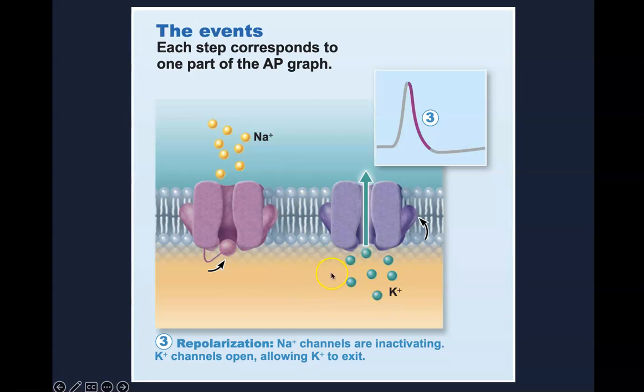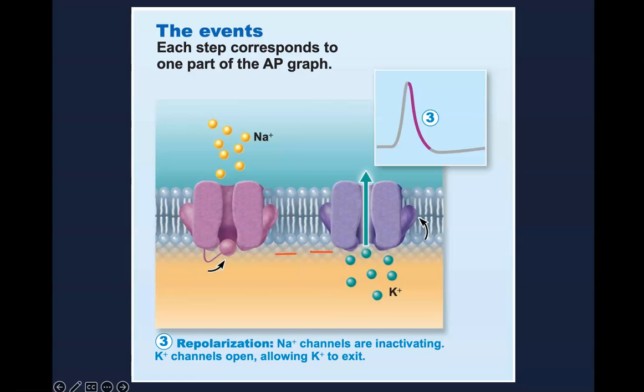Since we have lots of potassium built up on the inside of the cell, our potassium channels make sense, right? So our potassium channels open up, and potassium moves through this voltage-gated channel. Again, the change in voltage is what triggered this potassium channel to open, allowing potassium to move out, allowing the membrane inside to become more negative once again, and restoring our membrane potential, okay?